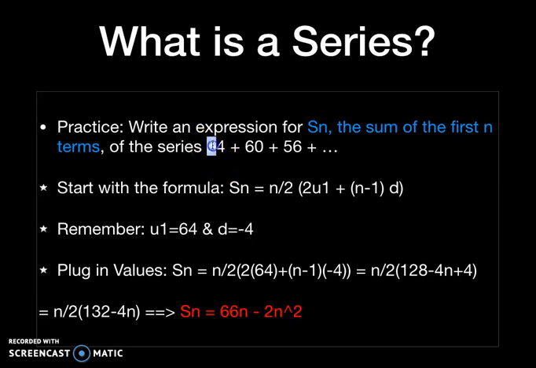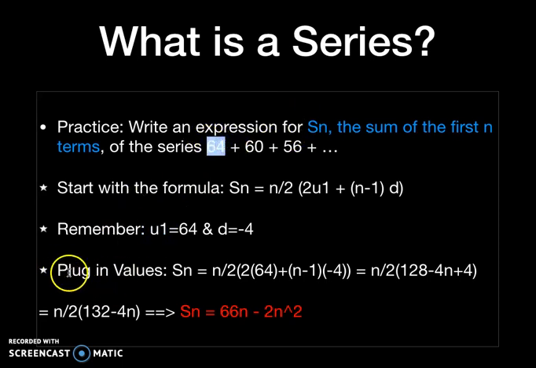Let's start with the difference. The difference is negative because this series is decreasing. It could also be a fraction, but it's left as a whole number like this. And you have u1 equals 64, because that is the first term of the series.